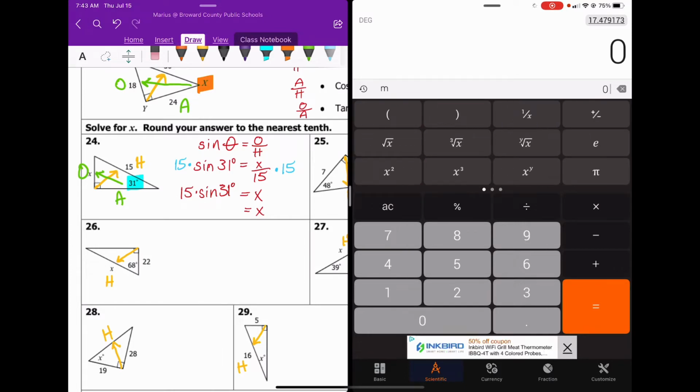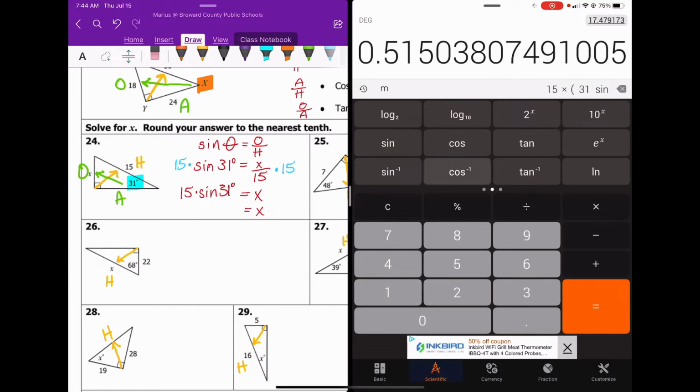And then I can go ahead and do 15 times, and I'm going to put parentheses. And then I want the sine of 31 degrees. Okay, and I'm going to close it. So the way to do that, you have to type 31 first and then hit sine. Some scientific calculators let you hit sine, and then it's going to be parentheses, you put the 31 inside.